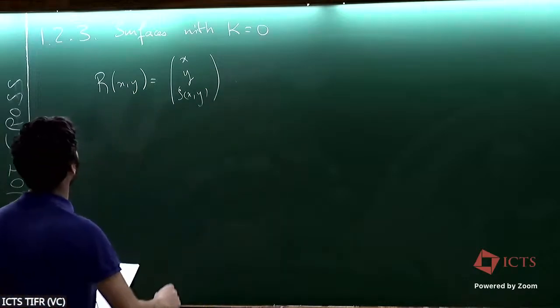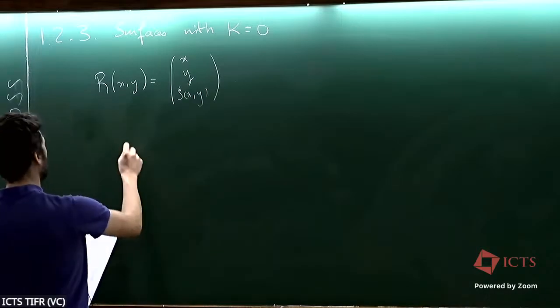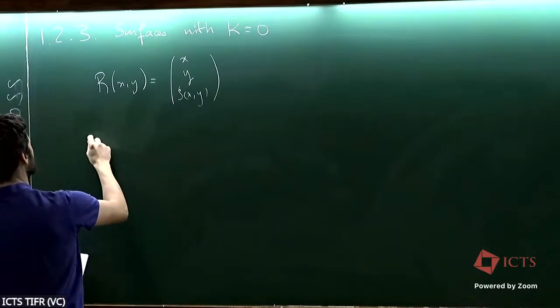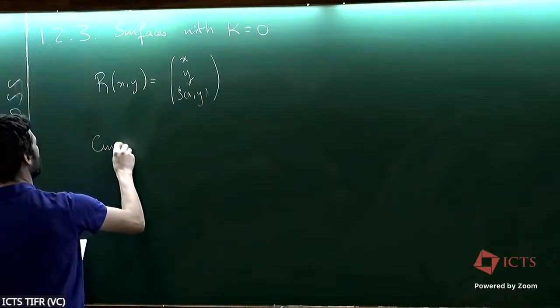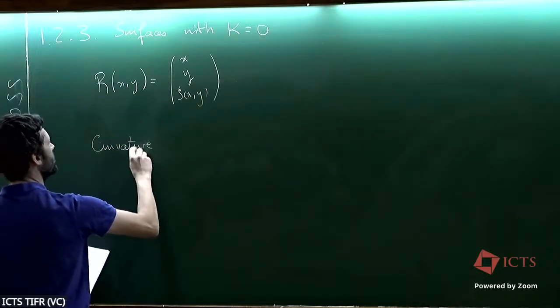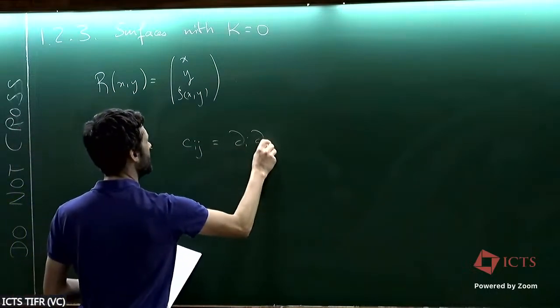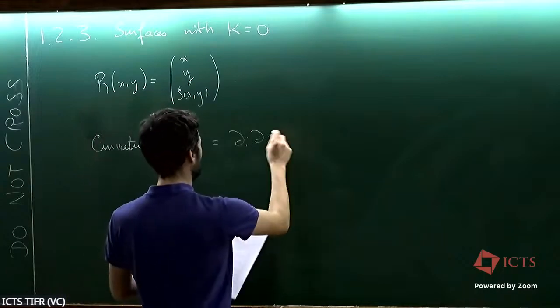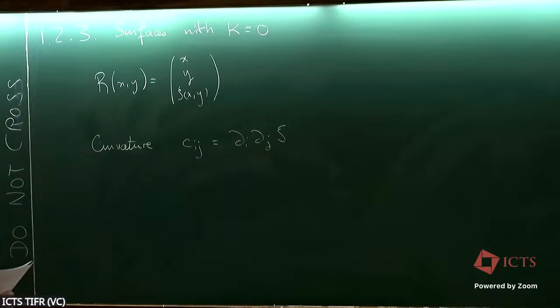For this, I will start by introducing the curvature tensor C_ij, which is d_i d_j zeta. Because this surface is close to a plane, I don't have to use the covariant formulation.